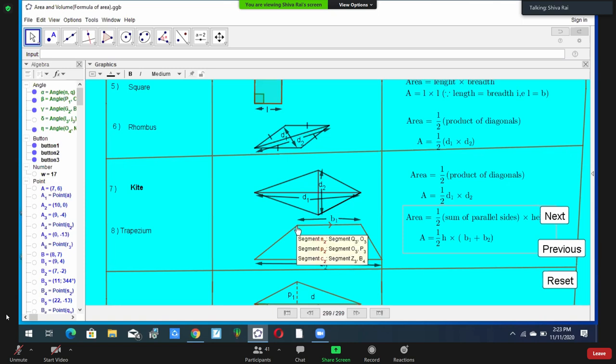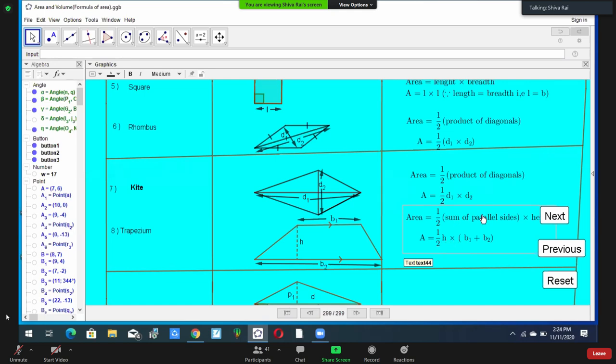From this vertex, a perpendicular is drawn to the opposite side, and that is the height. If the height and the lengths of the parallel sides are given, then we can find out the area.